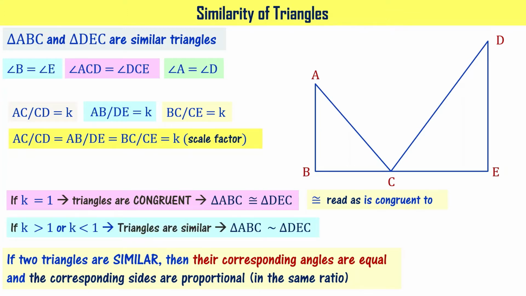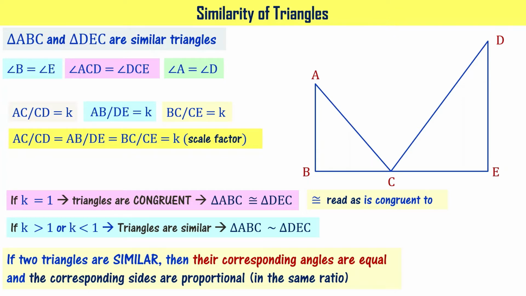If K is greater than 1 or K is less than 1, then you call the triangles similar triangles. Of course, when K equal to 1 also, there is no harm in calling it similar triangles, but there is a special name for that. You can call them congruent triangles. But it doesn't stop you from calling those triangles similar triangles.